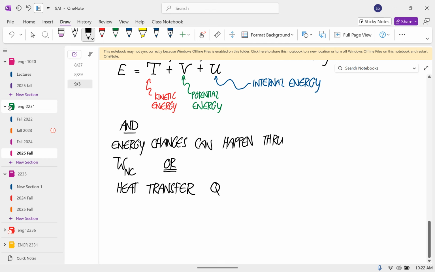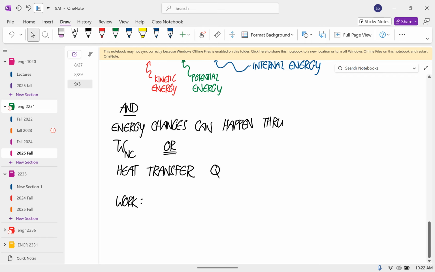So to make a distinction between work and heat, work is an energy change caused by the application of a force.